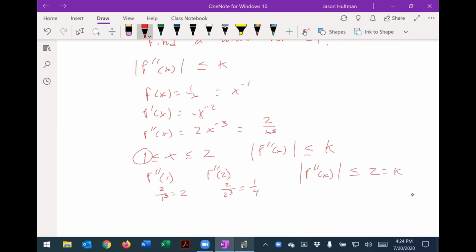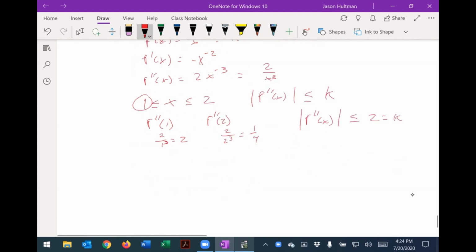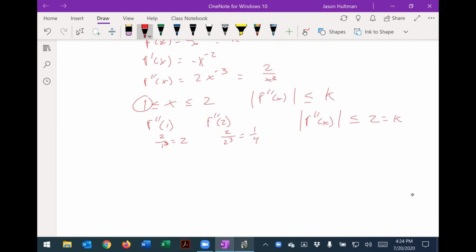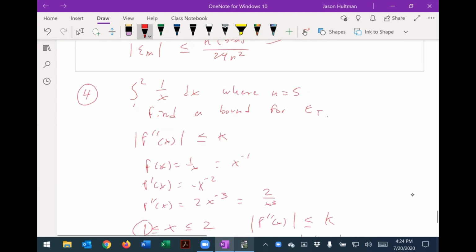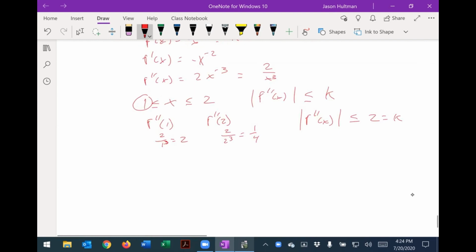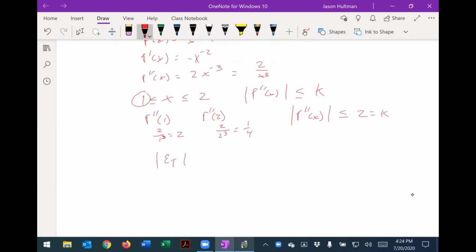Okay, so what's the error here? The absolute value of the error. Did I put absolute value on the errors? Yeah, I did. The absolute value of the error of t is equal to k times b minus a squared all over 12n.